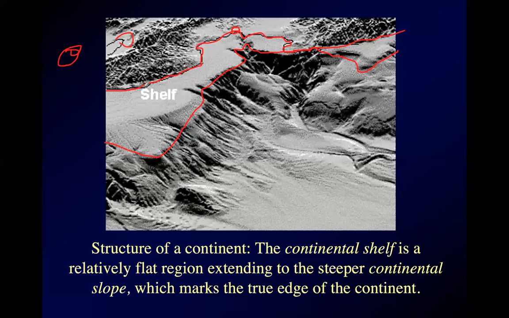If you were walking, you'd feel the continental shelf as being fairly flat. And at the edge of the continental shelf, you'd start descending. It's not as steep as it looks here. It's maybe 2 degrees decline. But you start going down the continental slope, and the edge of the shelf is what marks the real permanent edge of the continent. So there's this shelf. The slope slopes down here, and then the slope goes down to the abyssal plain, which might be 10,000 feet deep or more. In the Pacific, typically it might be 20,000 feet.